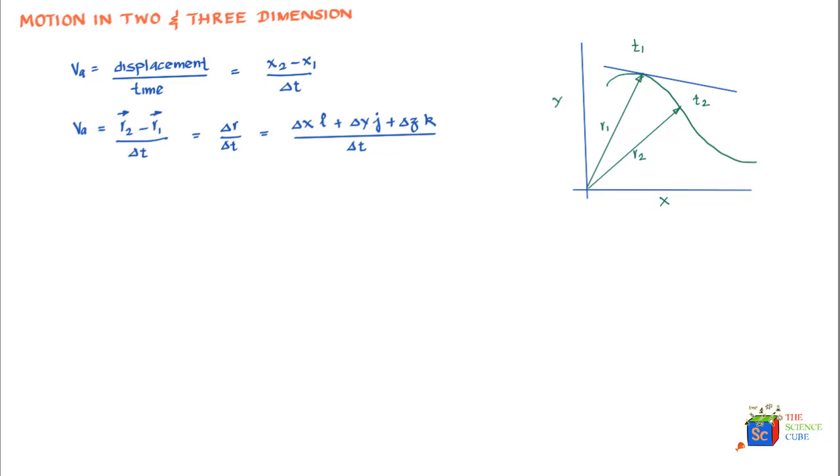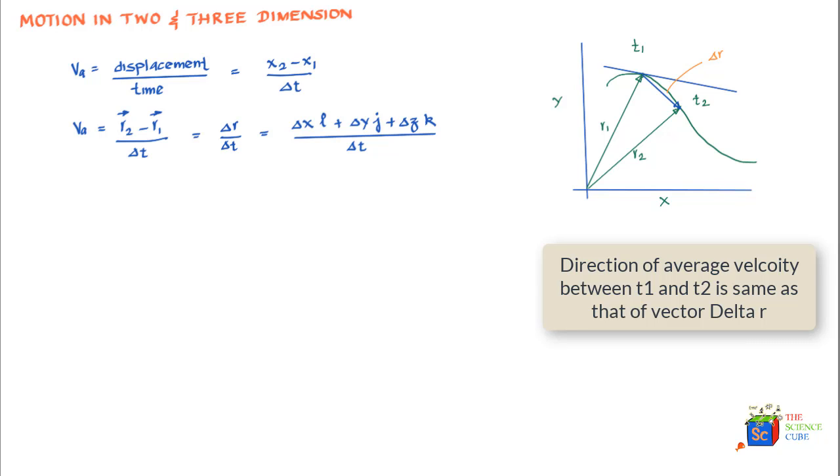You see, we can say that the delta r vector is nothing but this, and let's call this delta r, and that's how we get our average velocity, delta r upon delta t, and delta t is t2 minus t1.